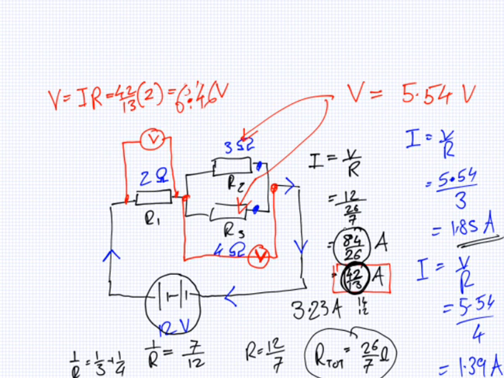Perfect. So, if you look at what's happened here, at the start my current was 3.23. Later, I got the current at the top and at the bottom.